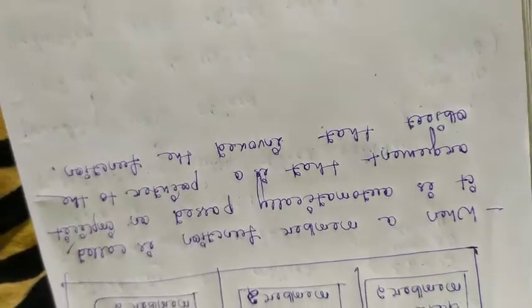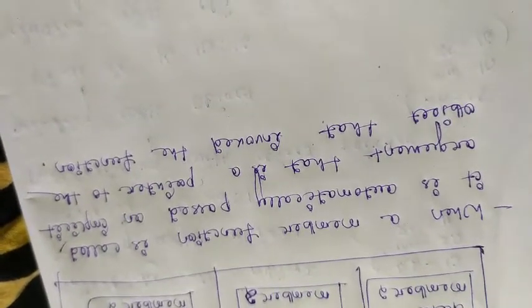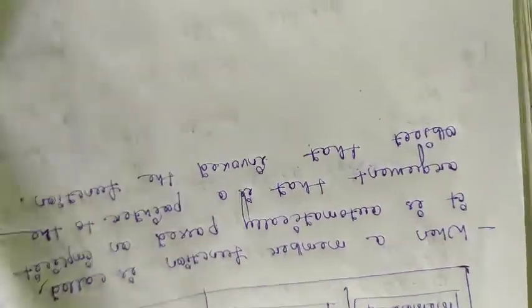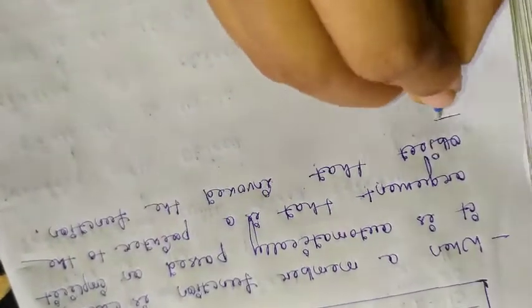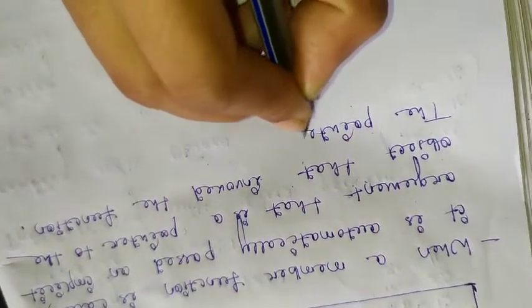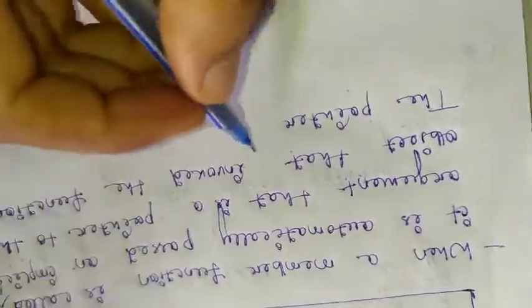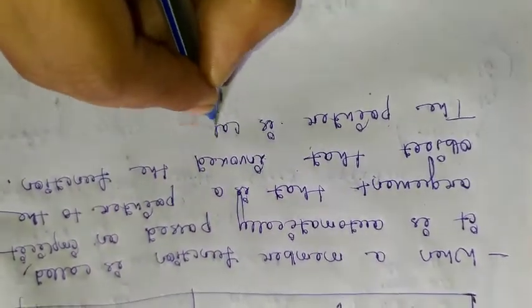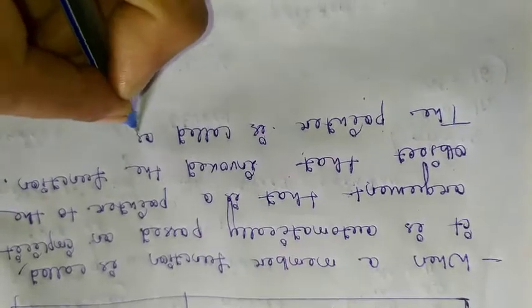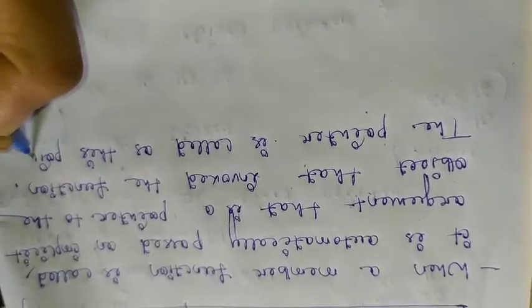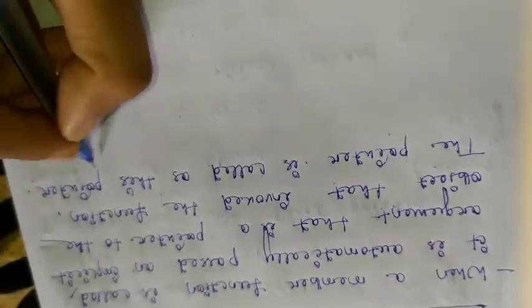So this pointer is called the this pointer. Actually, when I write this twice, you may be confused. The pointer is called the this pointer.